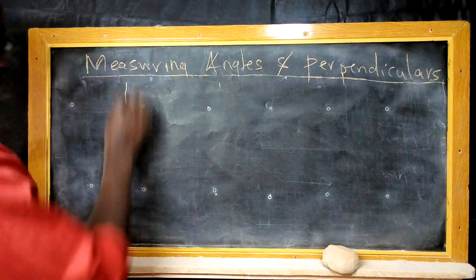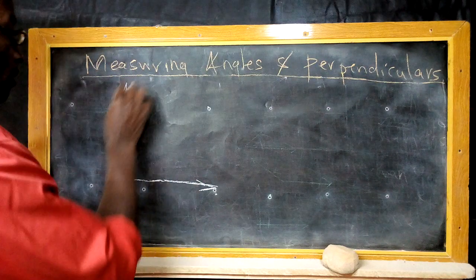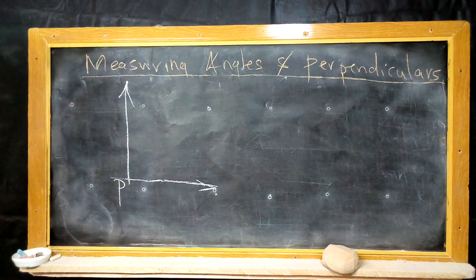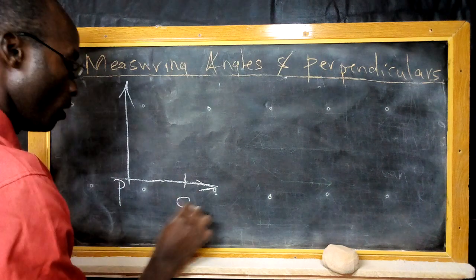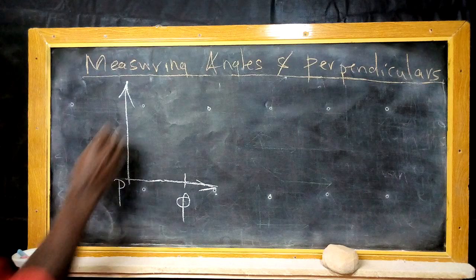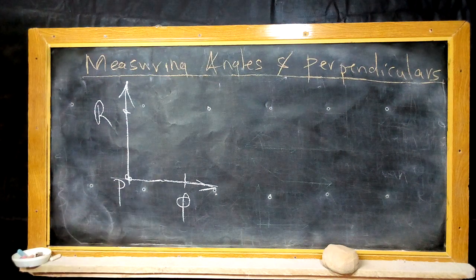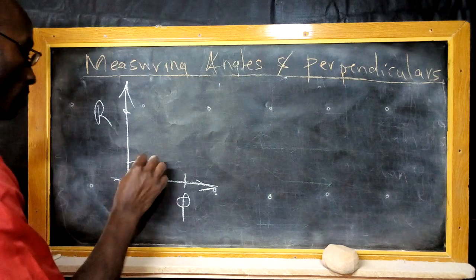So suppose we have two lines which are running like this, and then from this point P, we have Q, and then we have got point R. These are two rays that are running infinitely from point P, and then this angle is 90 degrees.